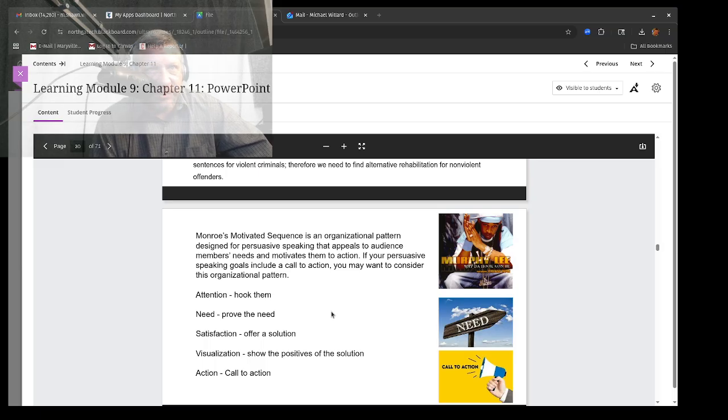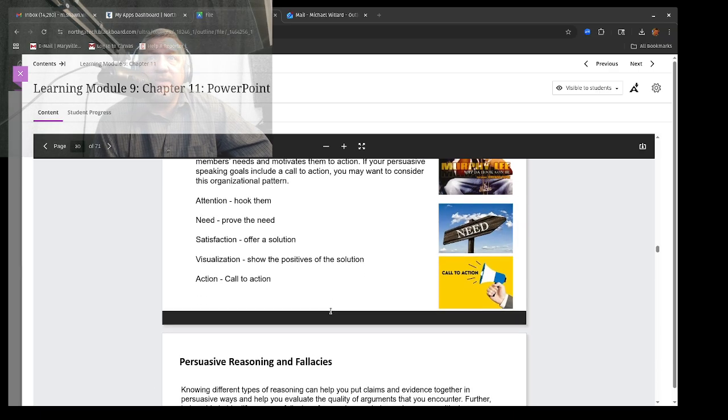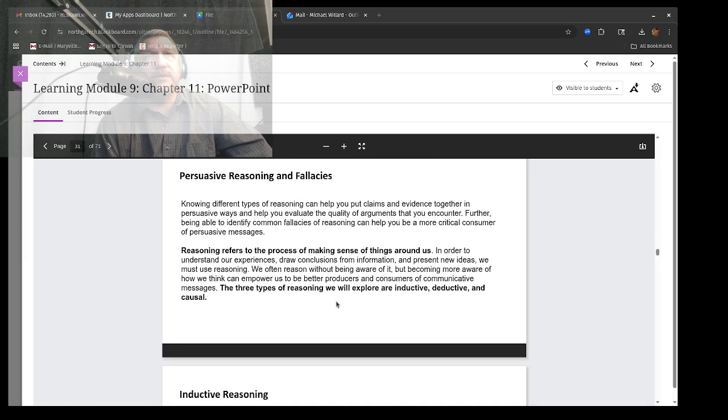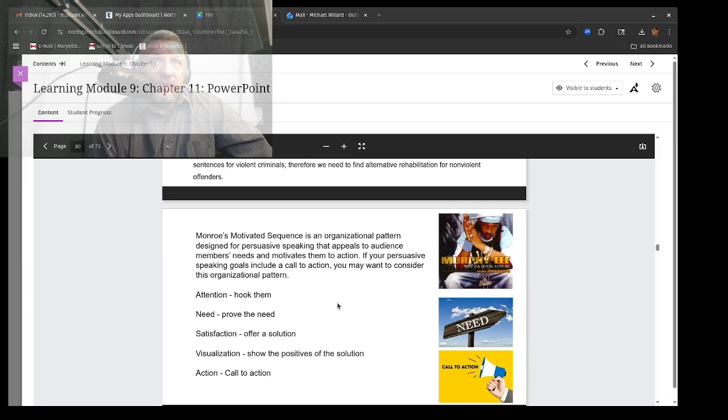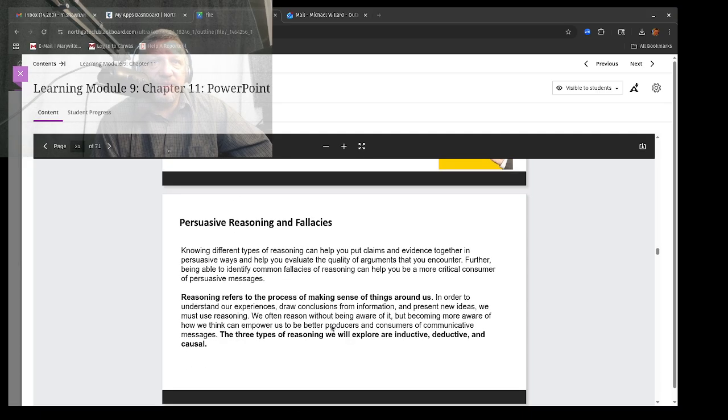Prove the need. Then offer a solution. Then visualize that solution to the audience and then call them to action. It's literally how you can break it down, and it applies to Monroe's motivated sequence. It's that sequence of ideas our brain uses to move ourselves to a next level.